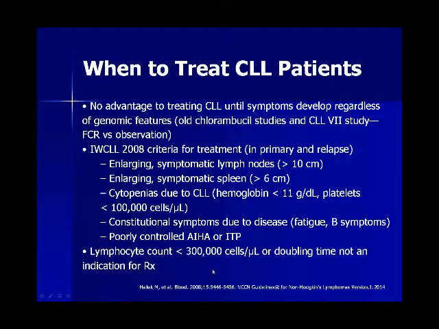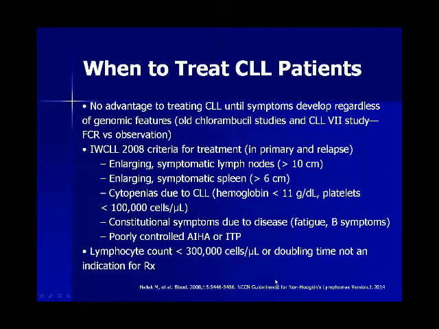So generally we don't need to treat people on the basis of a lymphocyte count. A normal lymphocyte count would go up to about 10 at the most. So here you're looking at 300, which is 30 times the normal range, but you can allow patients' counts to go into the hundreds without necessarily treating them, provided you've not got any of these problems.